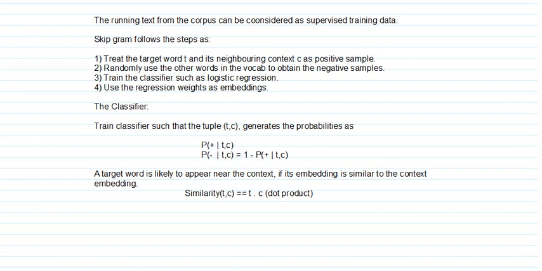But this score is actually between minus infinity and plus infinity. We are not using the cosine similarity here, but simply the dot product, which is actually between positive infinity and negative infinity.